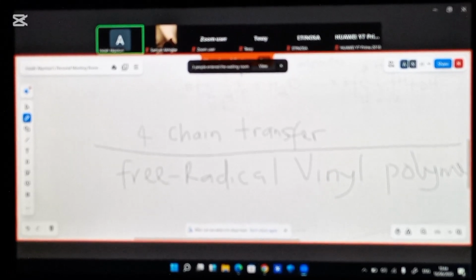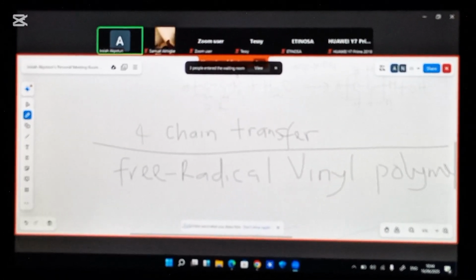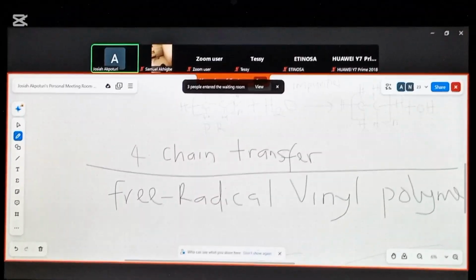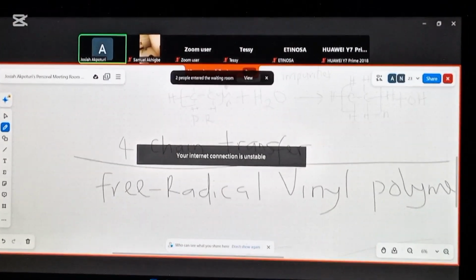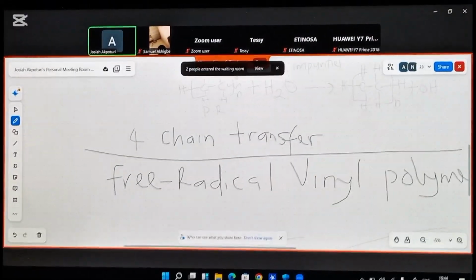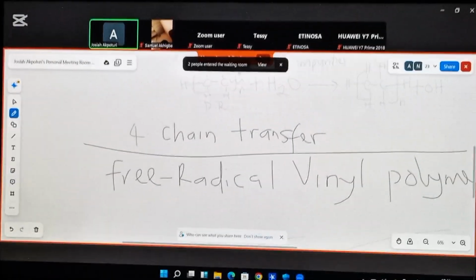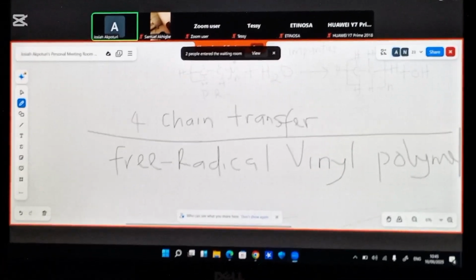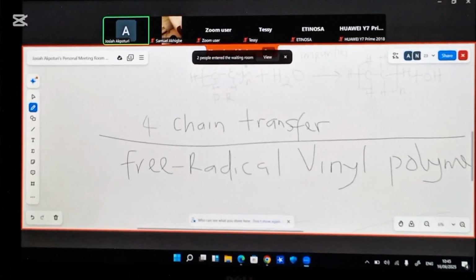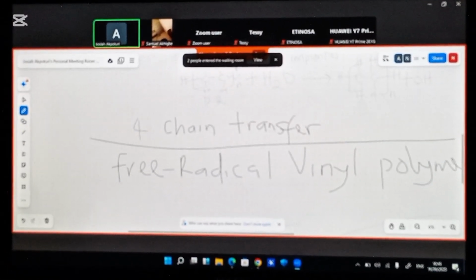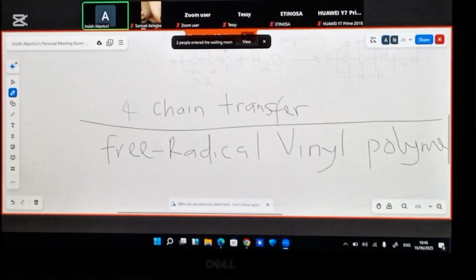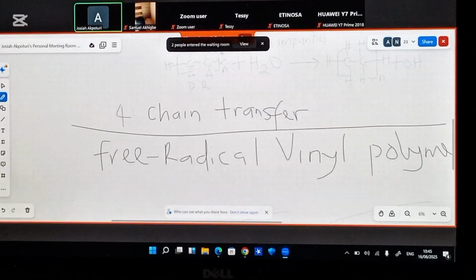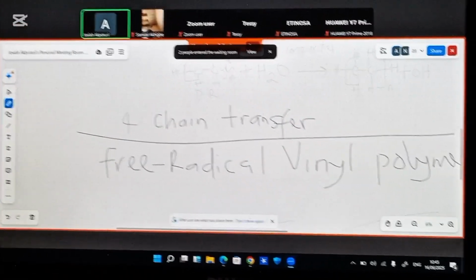I'm going to repeat the note for chain transfer for the last time. For chain transfer, the radical character can be transferred from the polymer radical to another molecule capable of initiating the polymerization process.